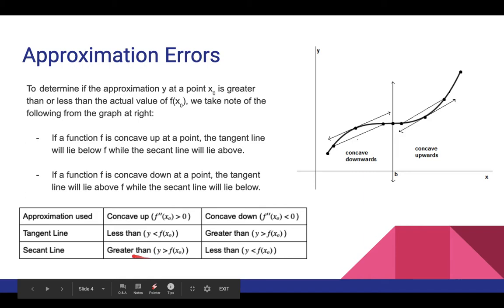And then with a secant line approximation, if we're concave up at a specific point, then our approximation will be greater than the actual function value. While if we're concave down, the approximation using a secant line will be less than the actual function value. So you can see the tangent line and secant line do the opposite of each other. When a tangent line approximates one way, the secant line will approximate another way in terms of error analysis.